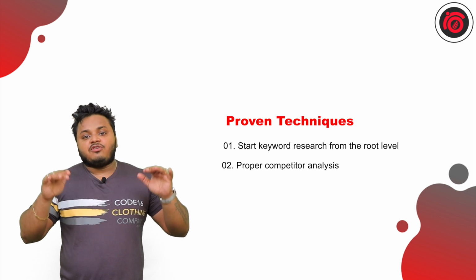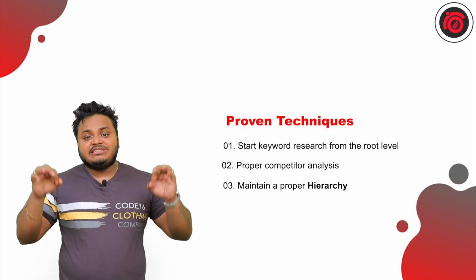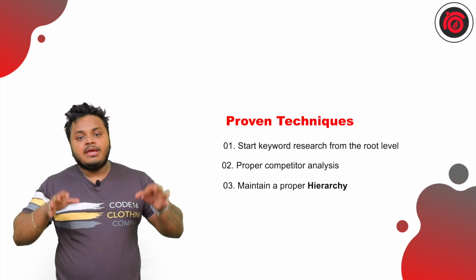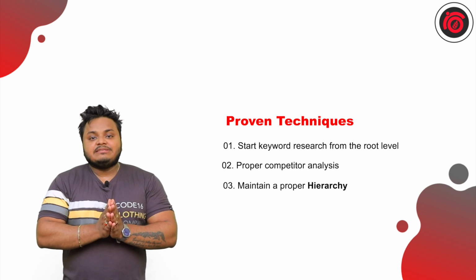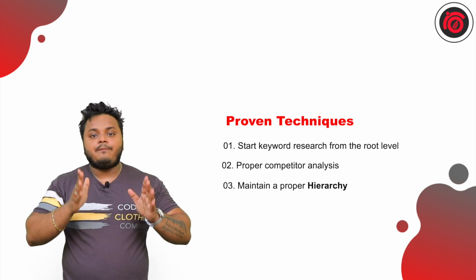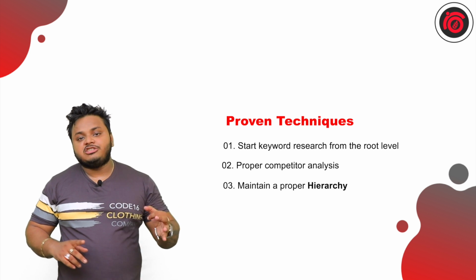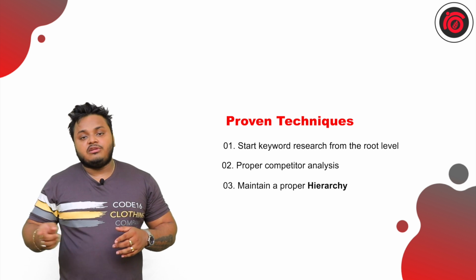The next segment is, for an e-commerce campaign, it is always essential to maintain a proper hierarchy, and that is the key to success in an e-commerce SEO strategy. When I say hierarchy, I mean a flat architecture for your website, which means your website should have a pillar page content strategy. If you have not watched our pillar page content strategy video, I have put the link in the description. You can look at that right after this video.